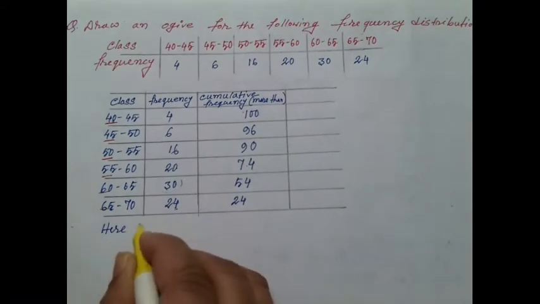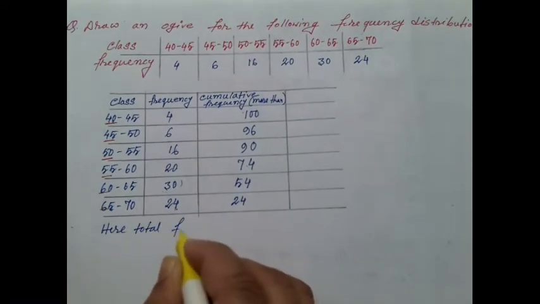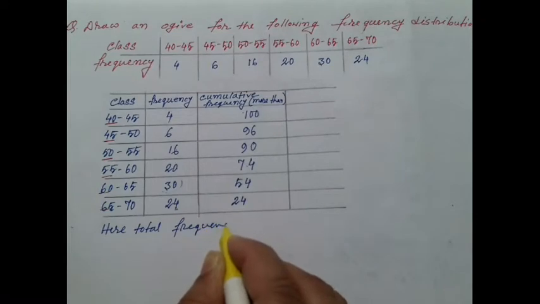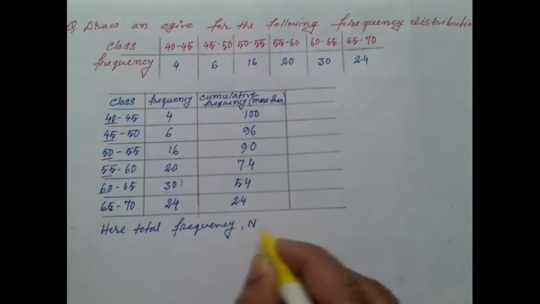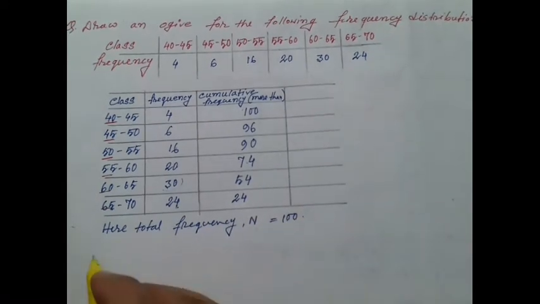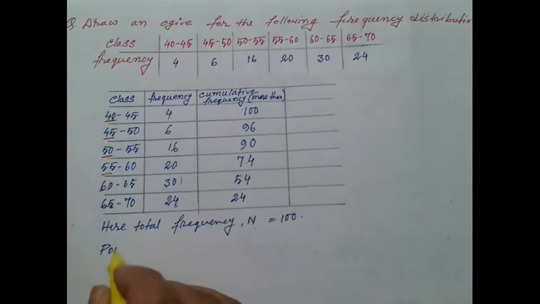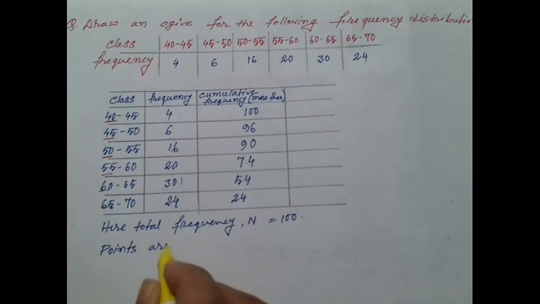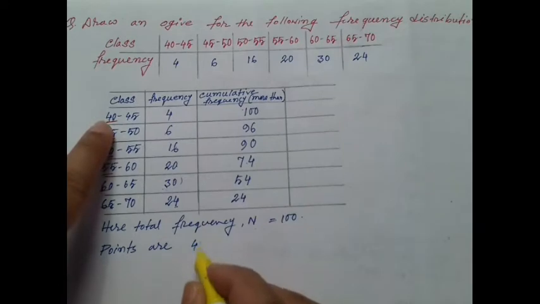Okay, so we have to write like the previous one. Here total frequency n equals 100. Points are: for 40 we got 100.